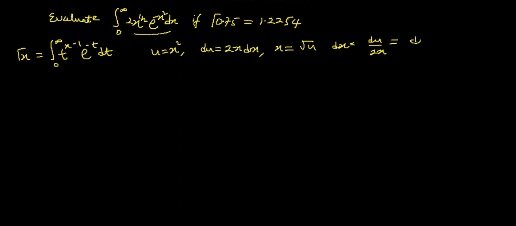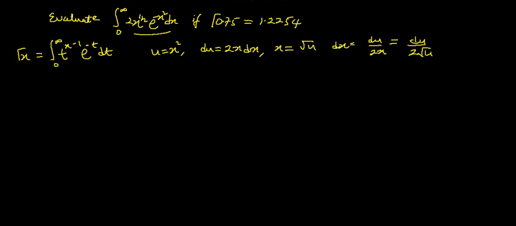So this is du all over 2 square root of u, because we said u is equal to x squared, so x gives us square root of u.